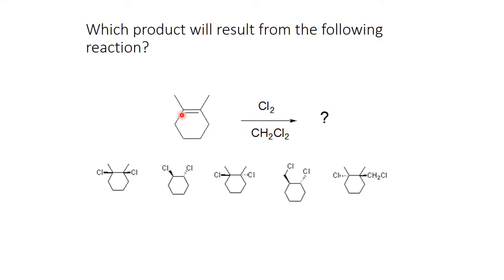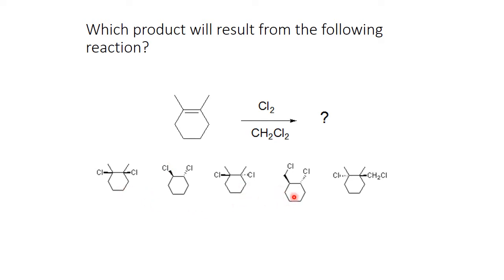So here is where the 2 chlorines are going to add. And so this one, or this one, has 2 chlorines added across the double bond. But if I look, this one is missing the methyl groups that are here. See, there's no methyl groups. So it's either going to be this one or this one.